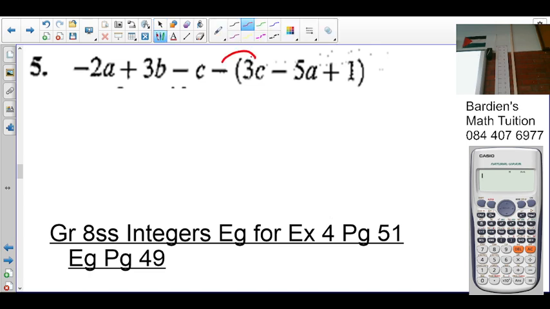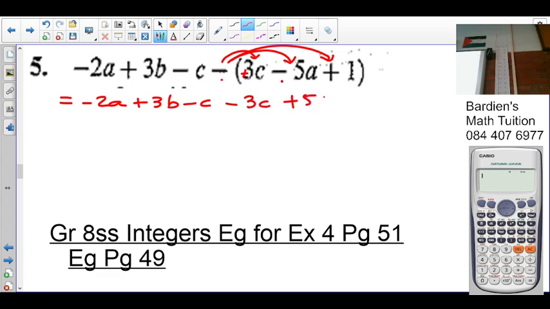So let's multiply out to get rid of the bracket here. So first is going to be negative 2a plus 3b minus c. Okay. So what's negative times positive? Negative 3c. Negative times negative? Positive 5a. Negative times positive? Negative. What do I do now?